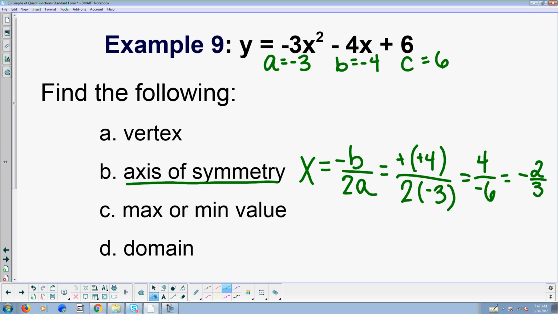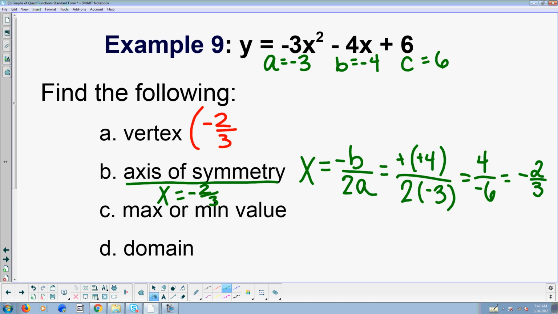You can reduce this on the calculator, or you can see, 4 and 6, they're both even, they're both divisible by 2. 4 divided by 2 is 2, 6 divided by 2 is 3, and it's negative. So our x-coordinate of our vertex is negative 2/3, and our axis of symmetry is x equals negative 2/3.